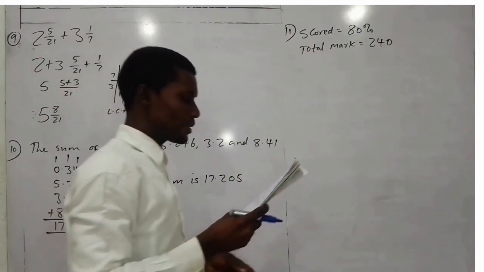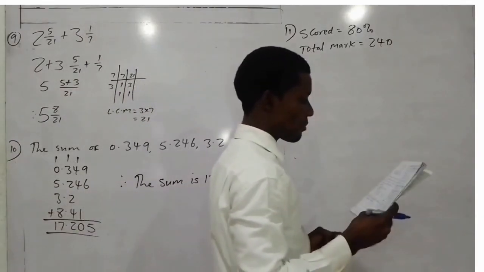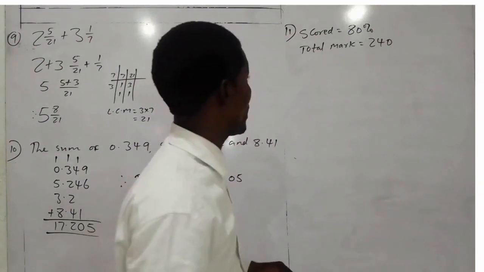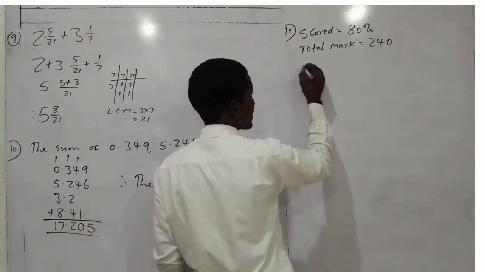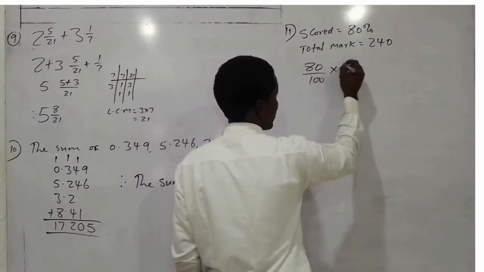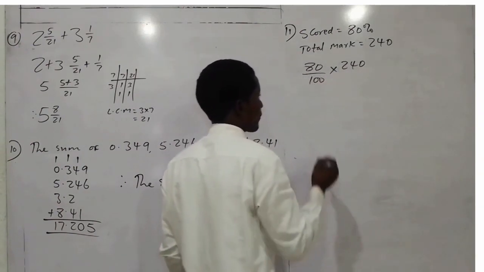A student scores 80% in an arithmetic test. If the total mark is 240, how many marks did he score? Now, 80% means 80 over 100 times the total score, which is 240.